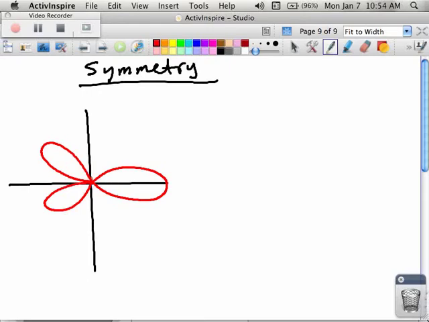And what I want to point out in this symmetry is that this graph could be folded over what we used to call the x-axis. What's it called now? Polar axis. Very good. Good job, Tristan. This is polar axis symmetry.